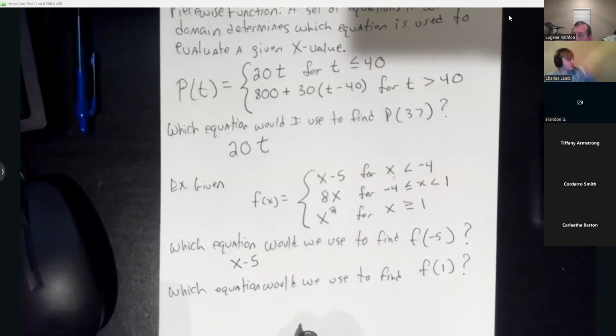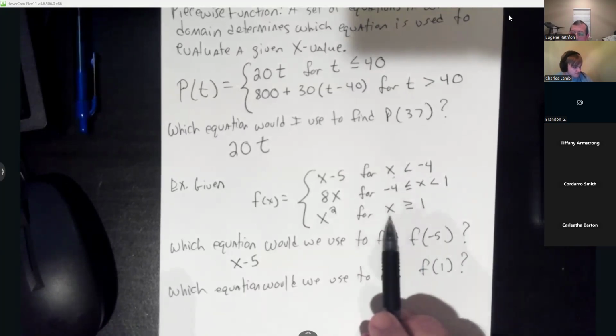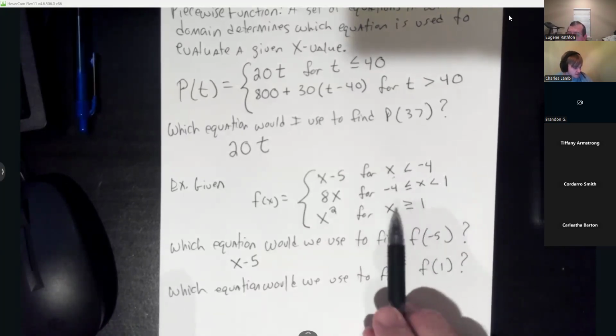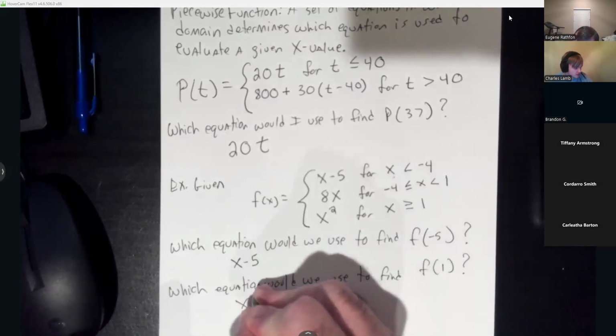Would it be the x squared? Because it's equal. Yeah, exactly. Because that 1 equals 1, right? So this one says if your x equals 1 or is greater, you better use the x squared one. Good job.